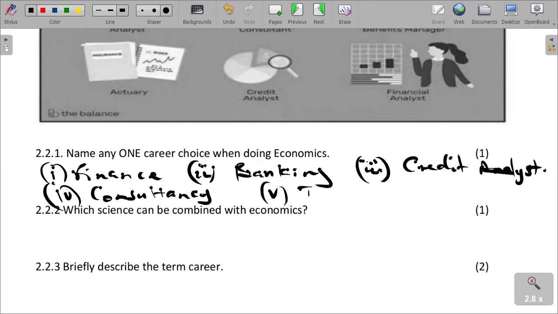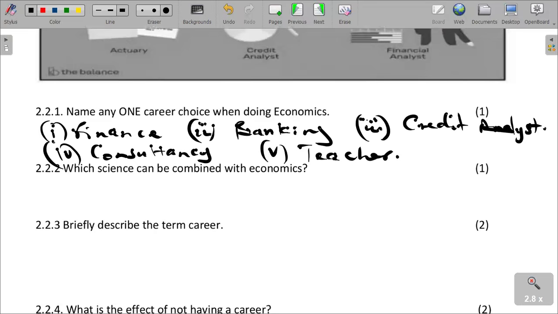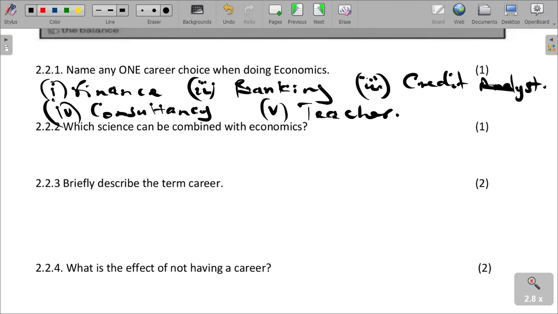A person can become a teacher, can become a lecturer after doing economics. These are career pathways that can be found for somebody who has done economics. So we say you can work in banking, you can work in credit analysis, you can work as a finance officer. Also understanding that you can as well work as a teacher or a lecturer.